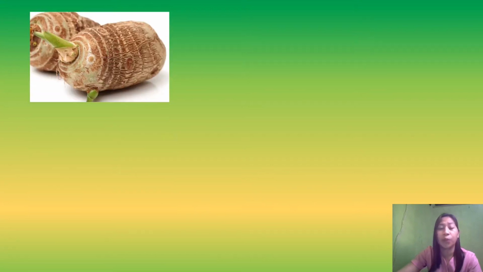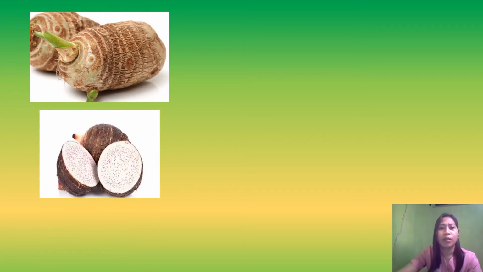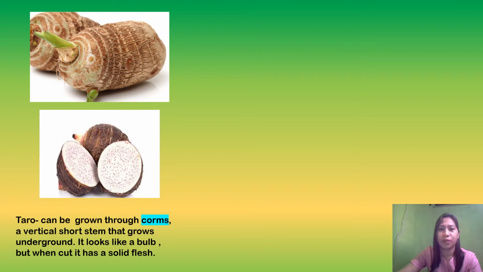Alright, so let us go back to the pictures that I've shown you a while ago. The first picture is a taro. How does this plant grow or multiply? Okay, a taro is like a gabi. This is usually used in cooking sinigang, I think.